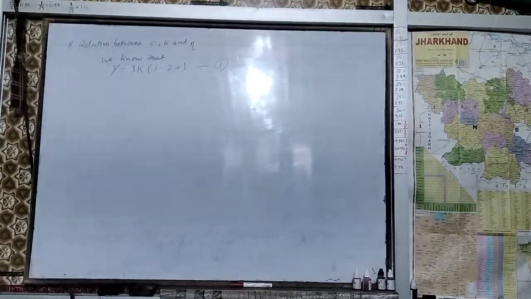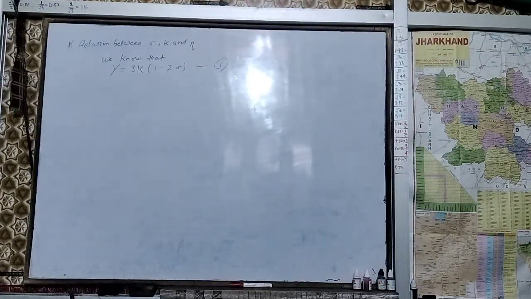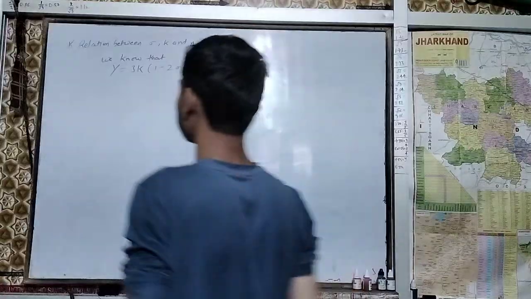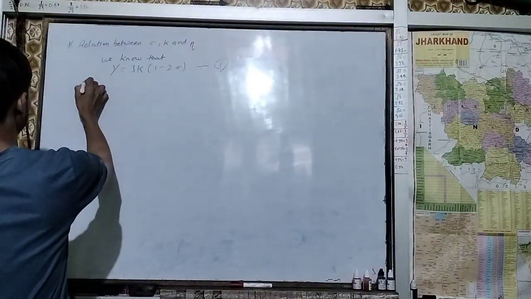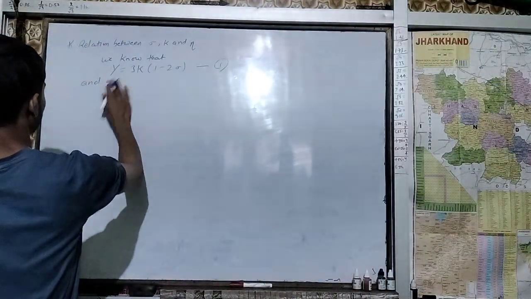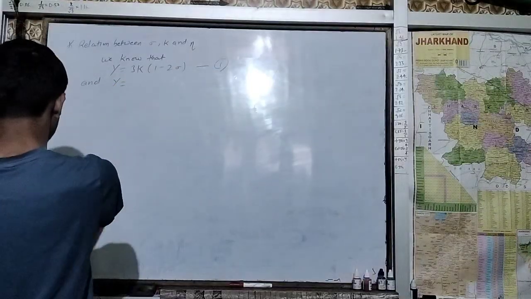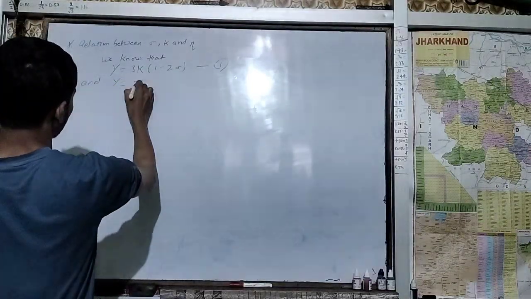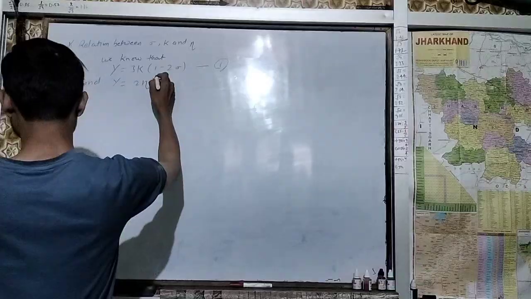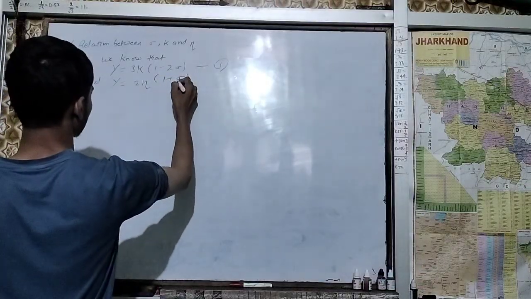And the second relation is Y = 2 eta (1 + Poisson ratio).